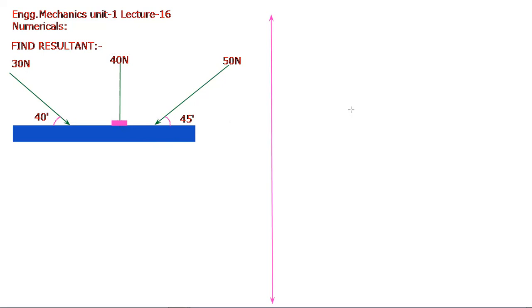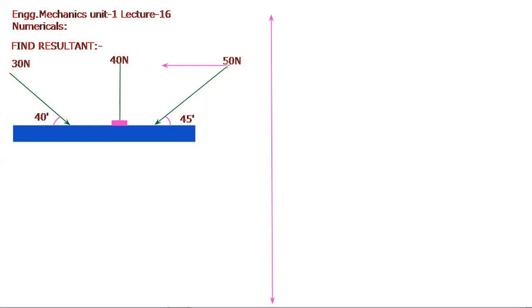We know the sign convention: positive x-axis, negative x-axis, positive y-axis, and negative y-axis. You have to split the forces. Suppose that this is acting 50 Newton in third quadrant. Actually, it is given that it is acting in third quadrant.